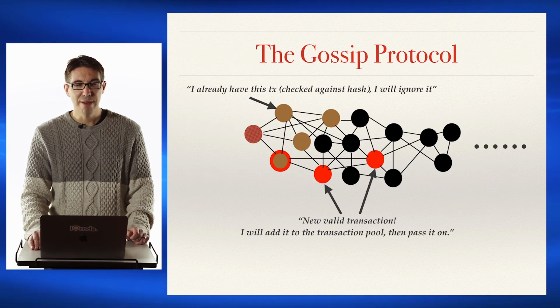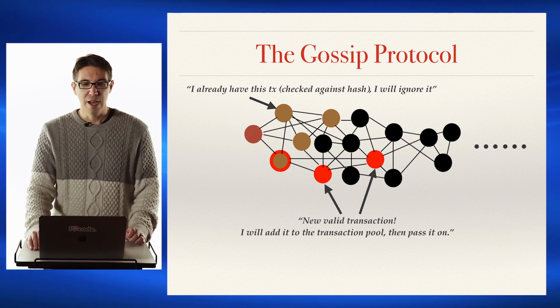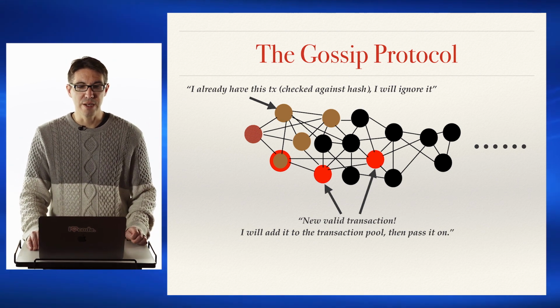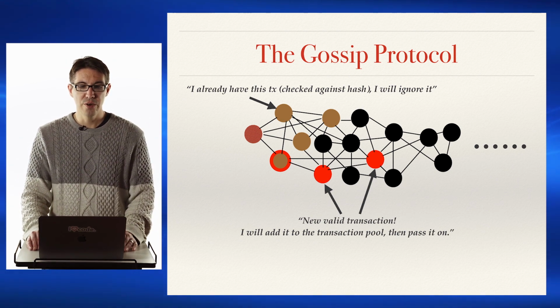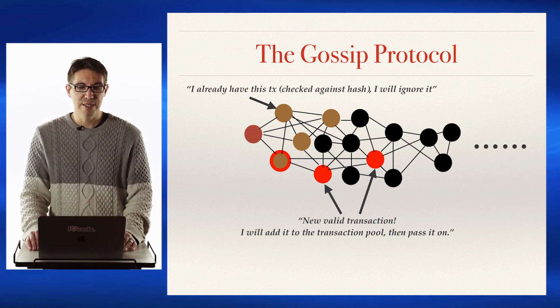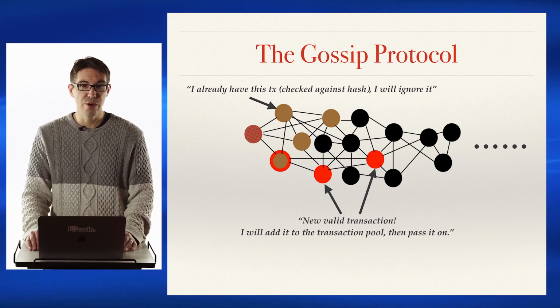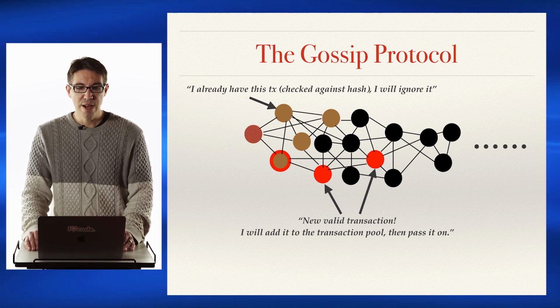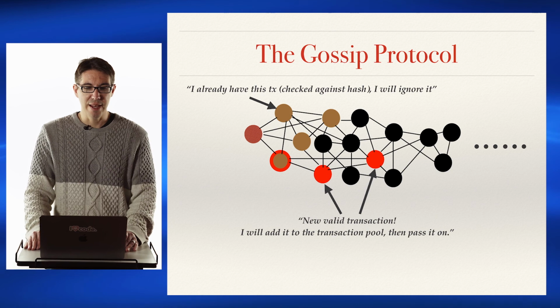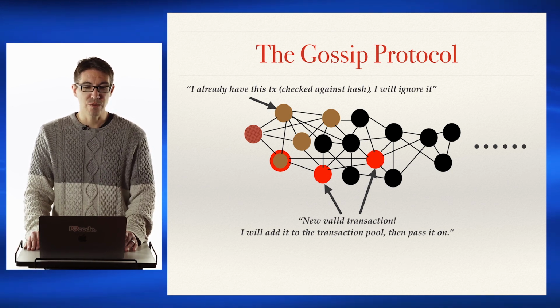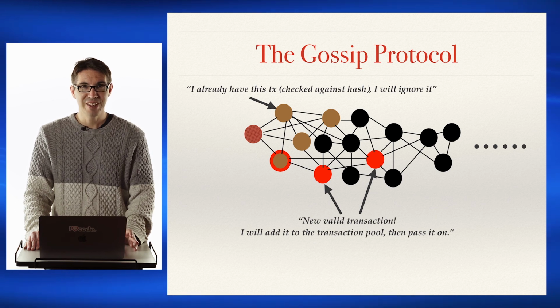So here we have a few examples. When a node, the second node, sends on this transaction, I was the orange node that originally sent it to the four gold nodes. That red and gold node has four peers.